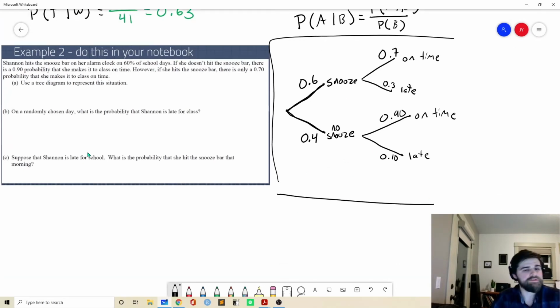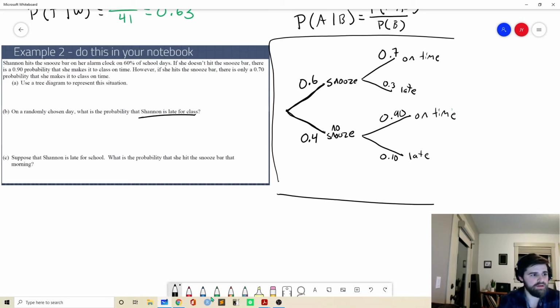Okay, so we already know our conditional probabilities, but we're going to look at some other stuff. So the first question we're going to look at says, on a randomly chosen day, what's the probability that Shannon is late? So there's two different ways she could be late. She could be late after having snoozed, or she could be late after having not snoozed. So we've got to calculate the probability of both of these things happening. So let's take a look.